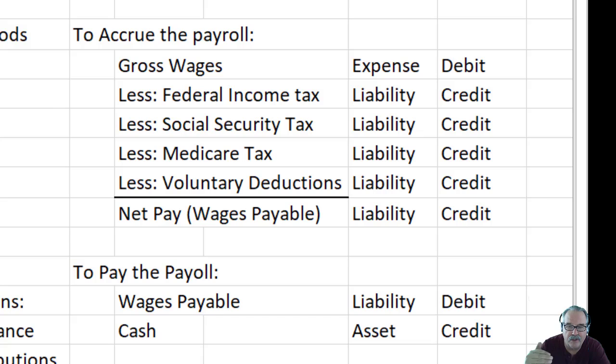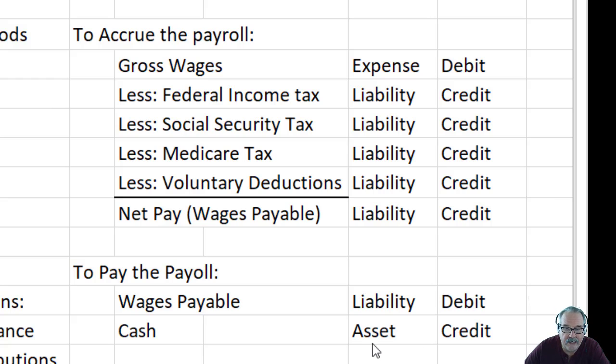And then each one of these withholdings becomes a liability. So that's a credit because we have to pay this money to the government. And then we create a wages payable credit, which then when we actually hand out paychecks, we relieve that with a debit, and then we credit cash. So that's how this works.